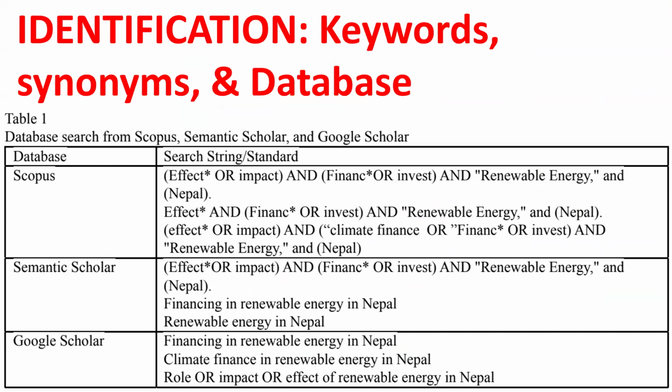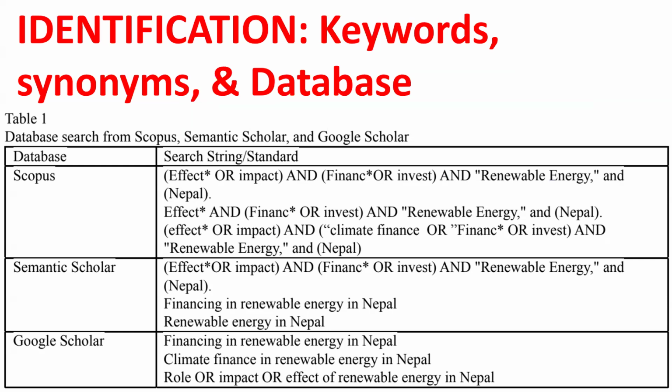After designing your research question, now you know your topic and you can identify the keywords. For example, you have a certain topic and a certain question. From that topic or research question, you can identify the keywords. What are the keywords of your topic, or of your research question?